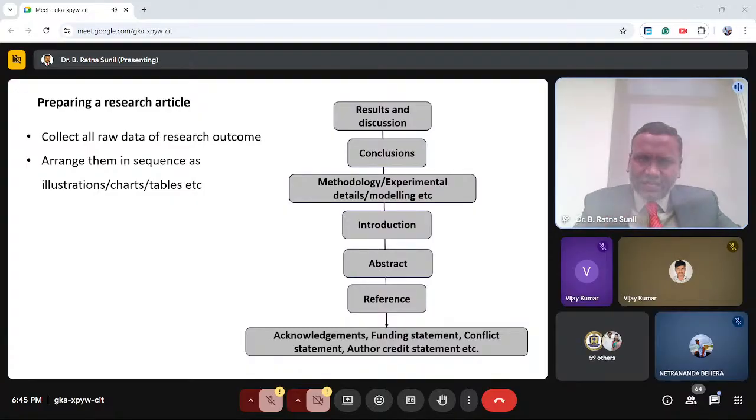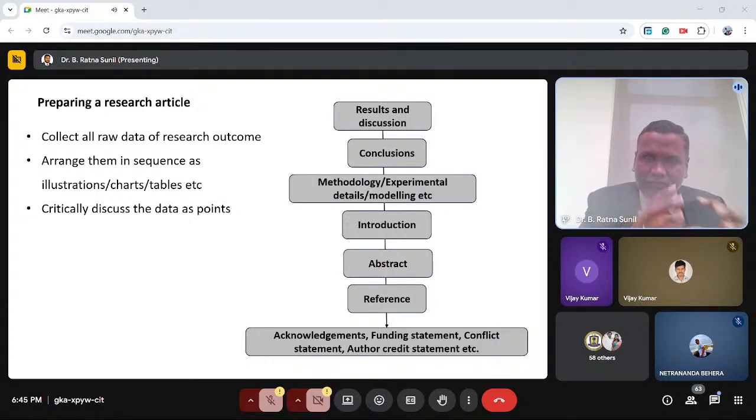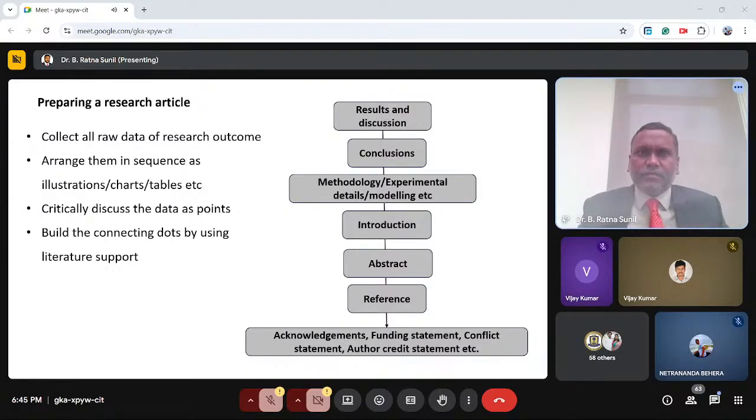So first collect the data and arrange the data presentation, and then critically discuss the data in the form of the plots, charts, or tables that you are presenting, point by point. You write the discussion points, and then build this discussion with the support of previously published articles or data, or the basic fundamental concepts which are already established in the respective area.